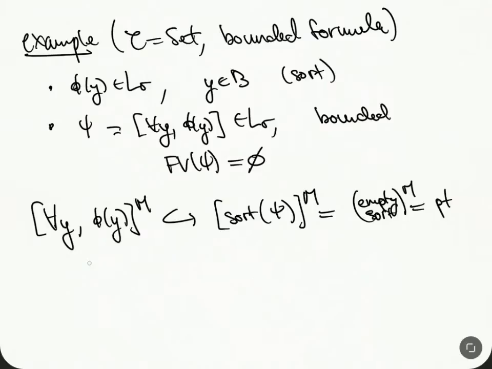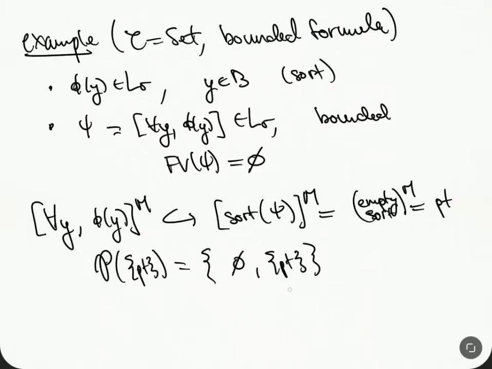That being said, let's notice now that the power set of the point here is really the empty set and the point itself. This one corresponds to true and this one corresponds to false.